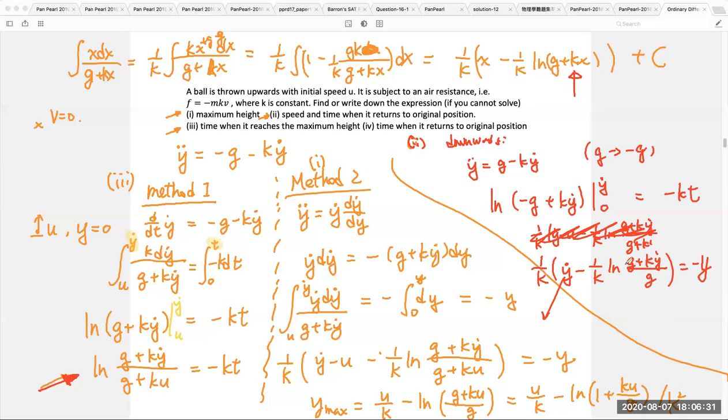But you need to replace g by negative g. Then you get these two equations.